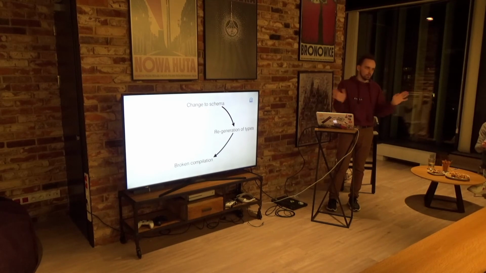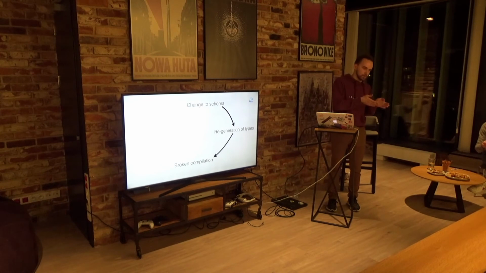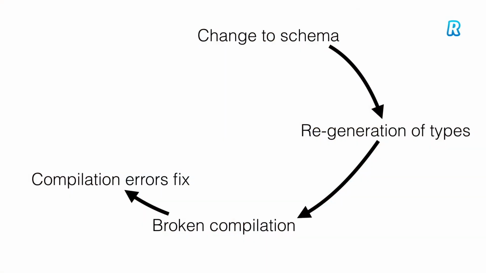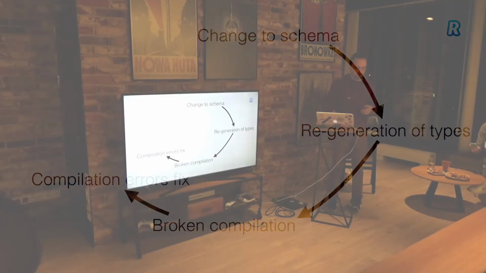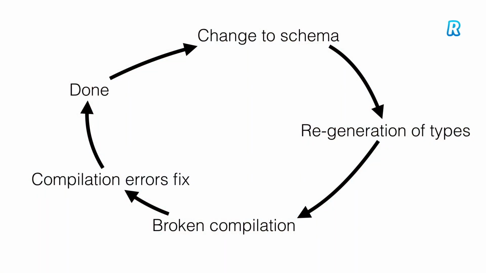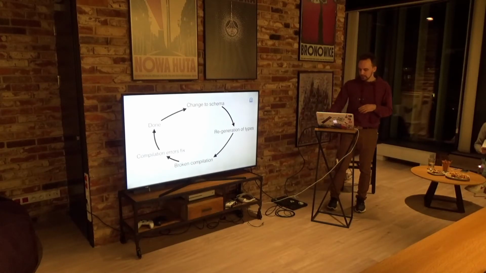If everything is fine, you're good to ship. But if compilation is broken, it means a breaking change happened, so you need to go and fix it. You fix these compilation errors, you're done, and it's basically an endless spin.